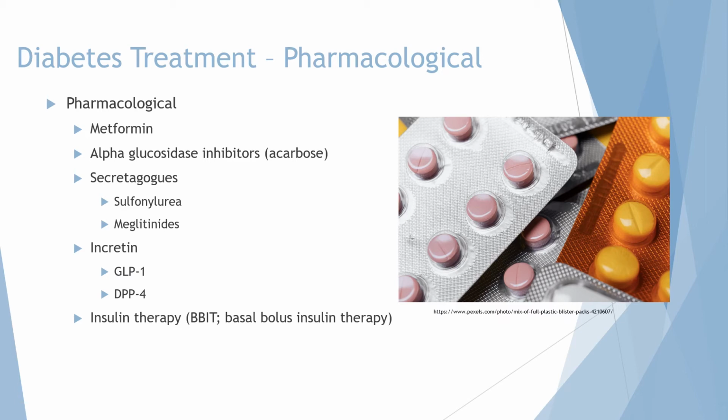Incretin also exerts its effects on the pancreas, and there are two types. First, the GLP-1 agonist, which usually ends with tide, promotes glucose-dependent insulin release, and this reduces A1C by 1%, and this has the added benefit of weight loss and cardiovascular benefits.